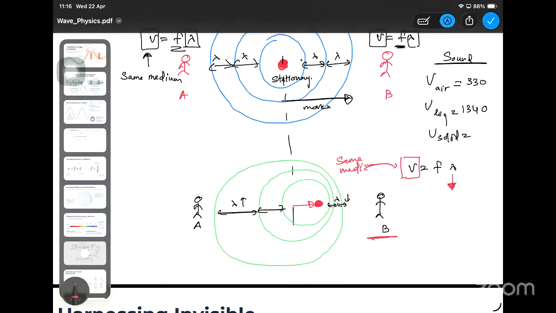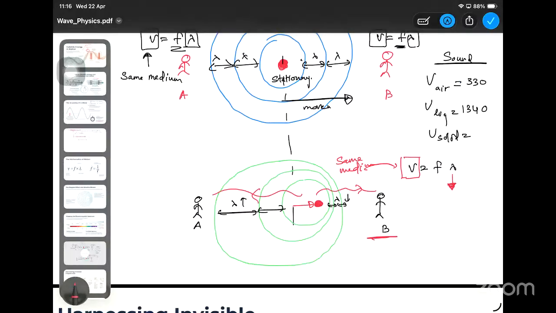If it is a low dense medium, then the speed will be higher, and if you are dealing with a high dense medium, the speed will be lower. So in this case, we are dealing in the same medium. These sound waves are traveling towards B and also towards A in the same medium. So therefore, V value will be same.